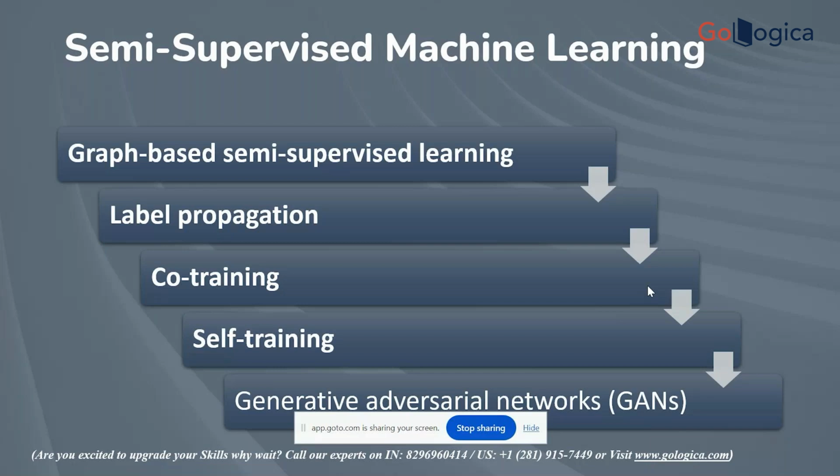The last comes generative adversarial networks, GANs. GANs are a type of deep learning algorithm that can be used to generate synthetic data. GANs can be used to generate unlabeled data for semi-supervised learning by training two neural networks, a generator and a discriminator.